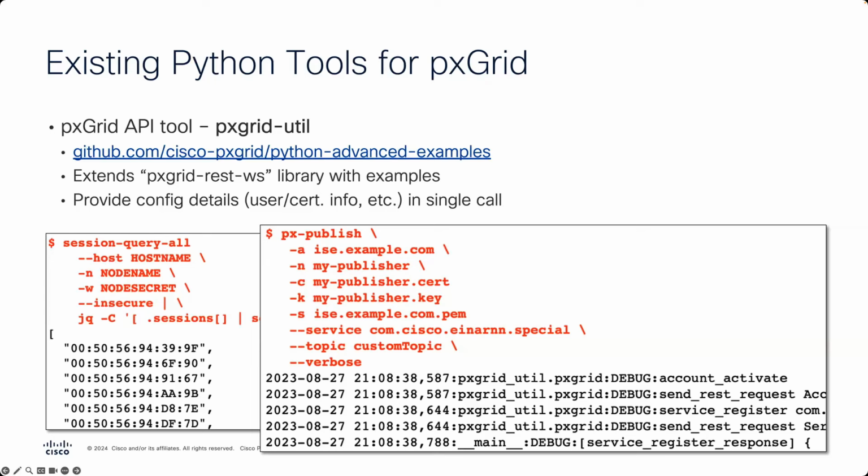That allows me to do certificate-based authentication, which enables you to scale these kinds of integrations a lot more, because pxGrid certificate-based authentication, I believe it was 3.2, or sorry, 3.1, introduced more scalability.